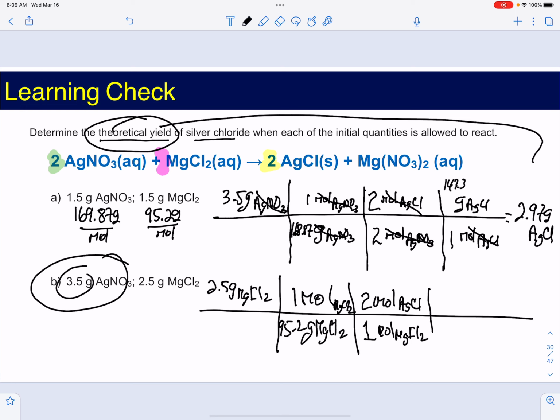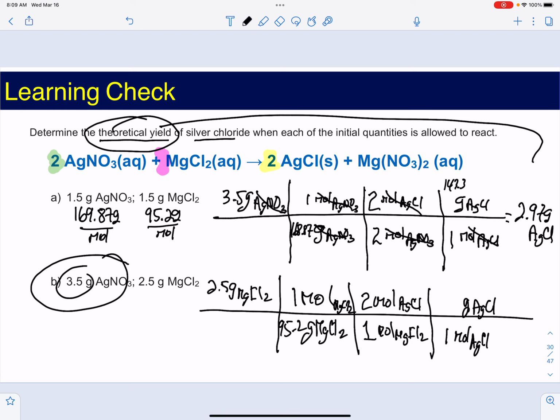And then as we continue with the next one, I do not want the moles of silver chloride because I really want the grams of silver chloride.